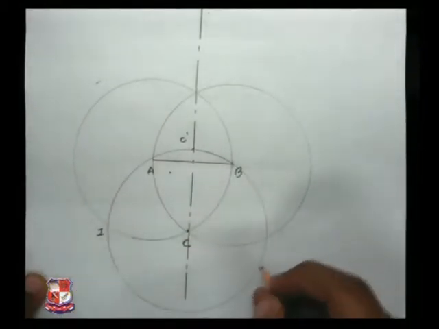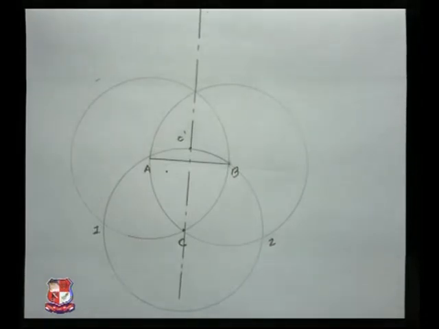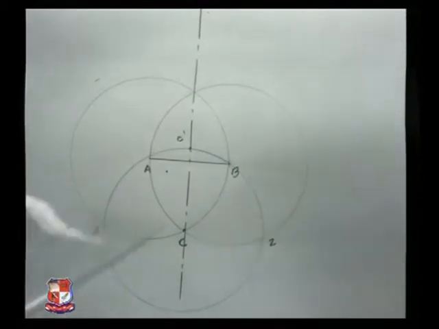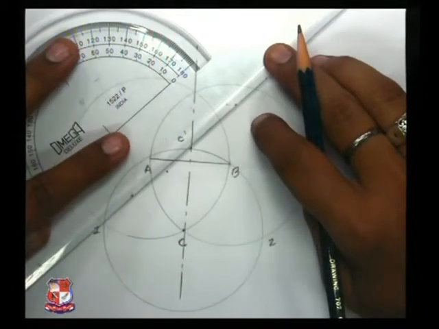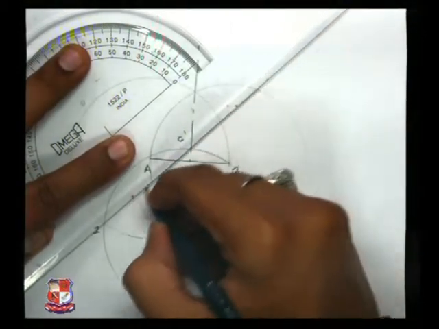This has 1 and 2. Draw a joining line passing through C dash 1 to another circle.